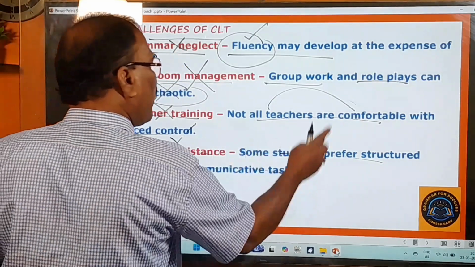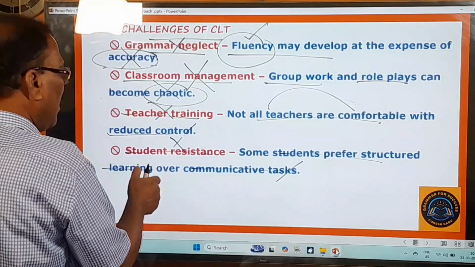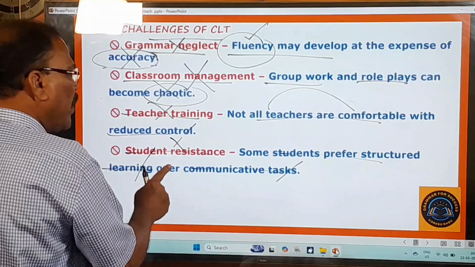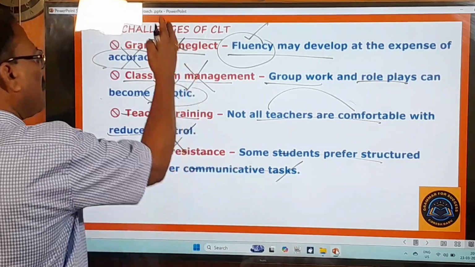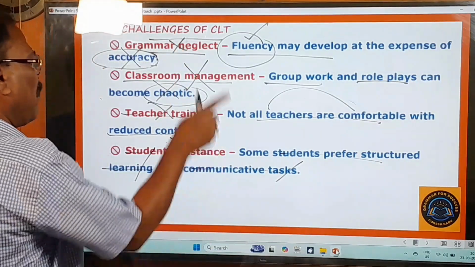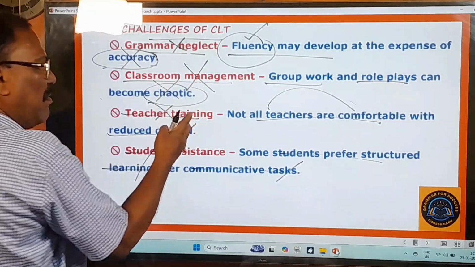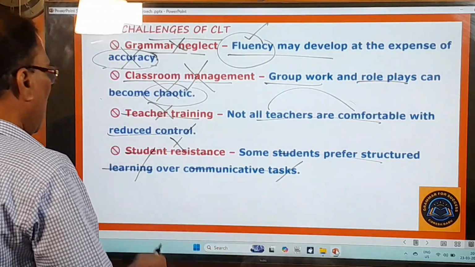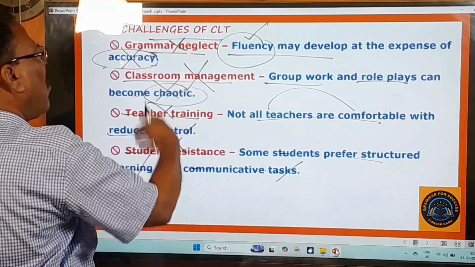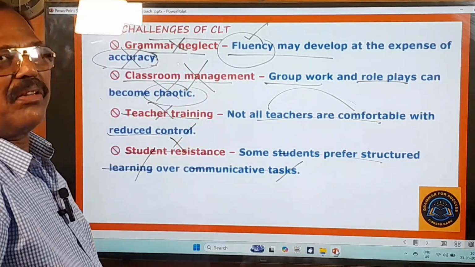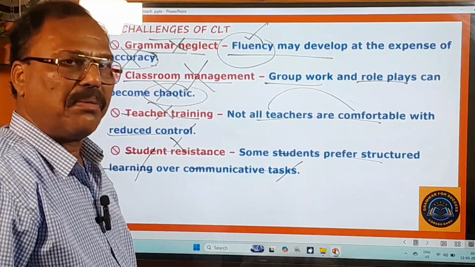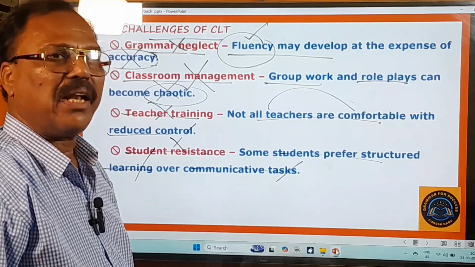So these are all the disadvantages: grammar is neglected, proper classroom management will not be there, teacher training will not be there for certain teachers, and student resistance will be there. These are all the challenges if the CLT approach is adopted by teachers in their classrooms.